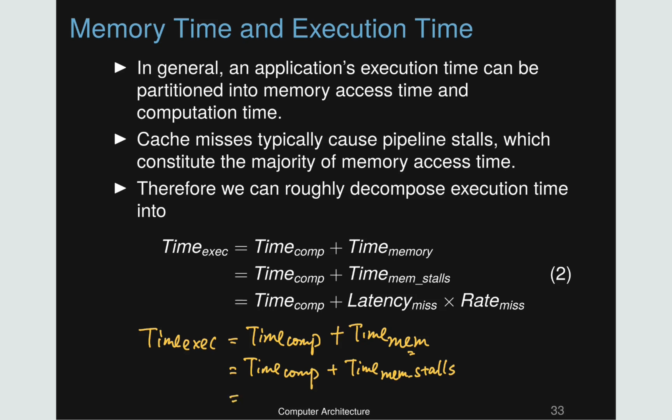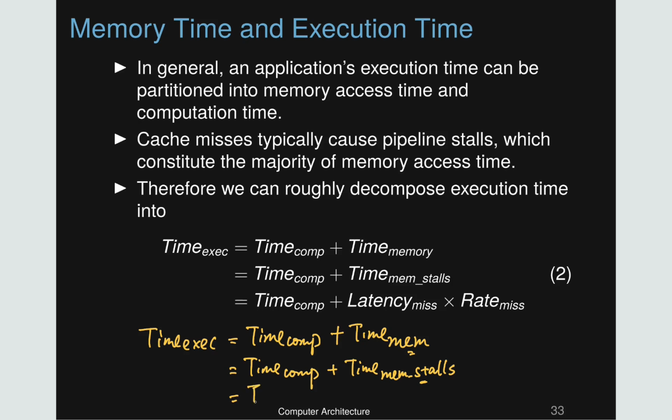And the pipeline is usually not stalled if the data is brought in from the register. And if the data is brought in from level 1 cache, the CPU is usually not stalled as well, because level 1 cache is very fast. Therefore, all of the memory stalls usually correspond to the cache misses in L1 cache.